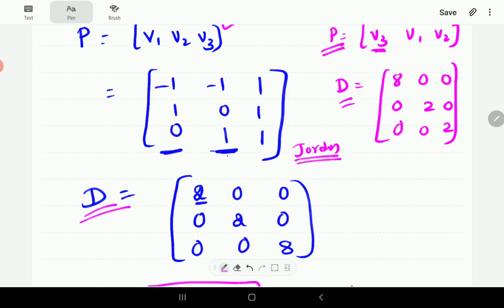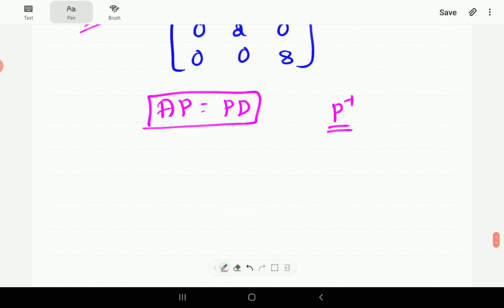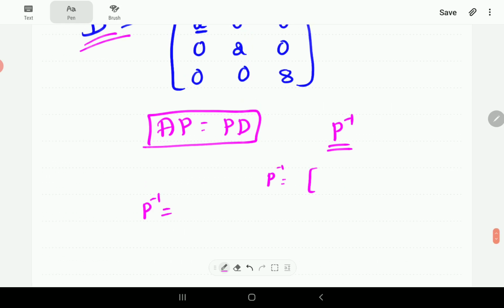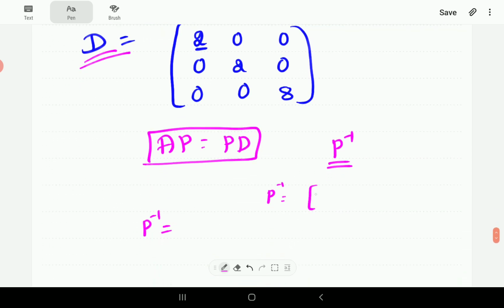I hope you remember, when you want to find P inverse, you write your given matrix P, augment it with the identity matrix, and do the row operations in such a way that this P converts into I. Whatever you get on the other side after all these row operations will be your P inverse. So that is your Jordan method.